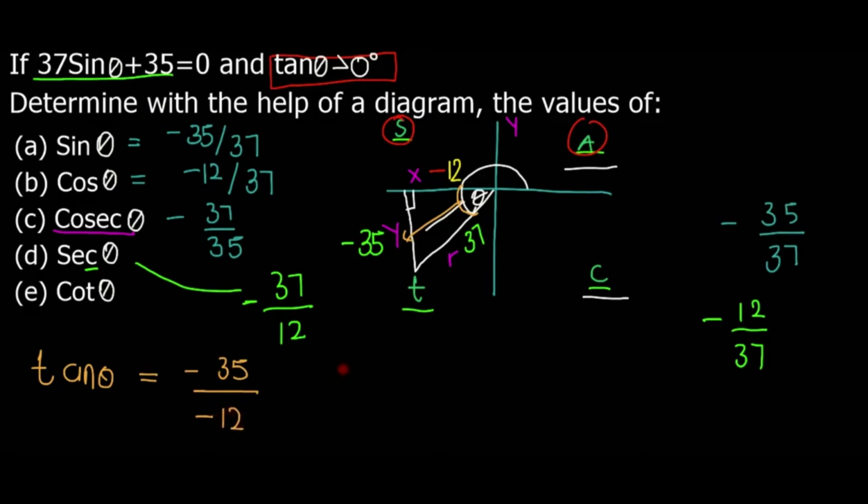So it becomes 35 over 12, because negative and negative cancel. This is tan theta, so cot theta will give us 12 over 35. So this is our answer.